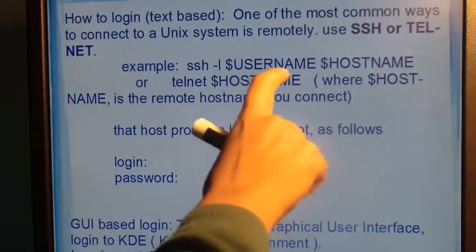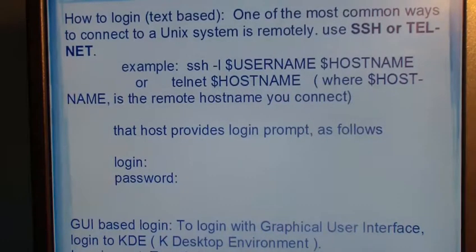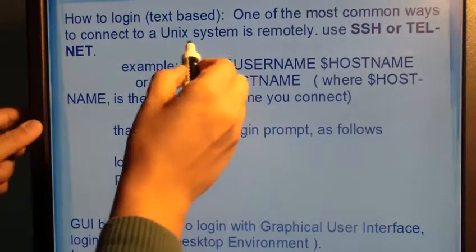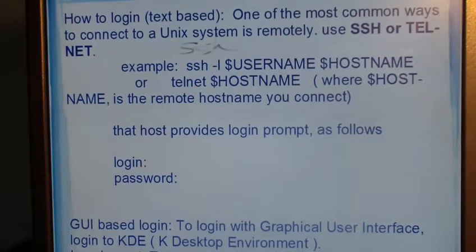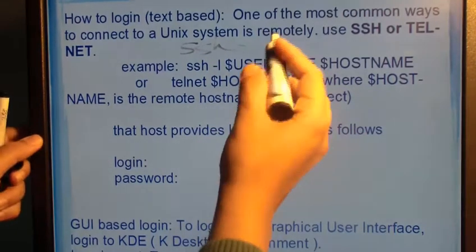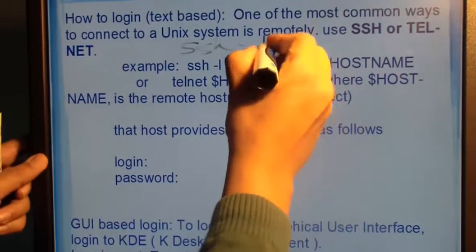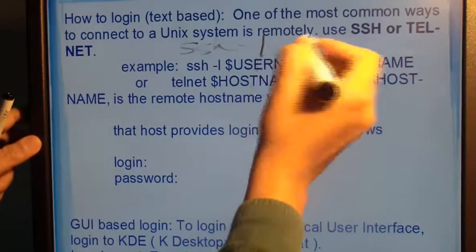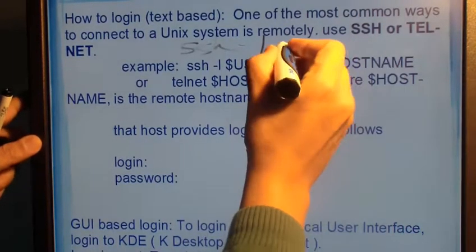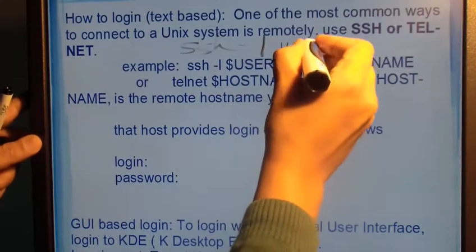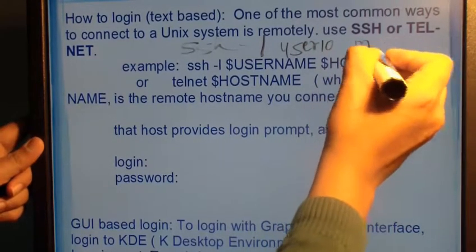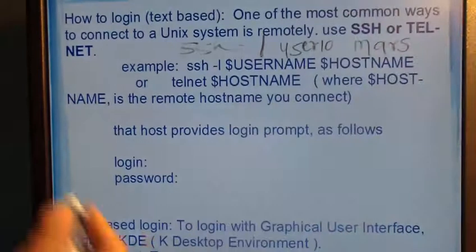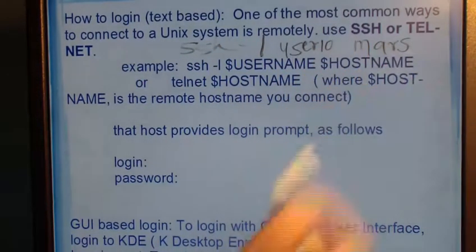I will log in with some user, so I can put in here SSH -l and the name of the user. My username may be anything, like user10, and the host name is something like Mars. So ssh -l user10 mars. In this way you can connect to that Unix machine.